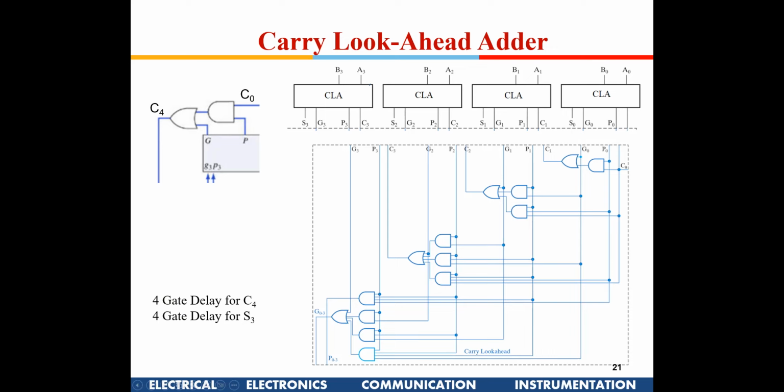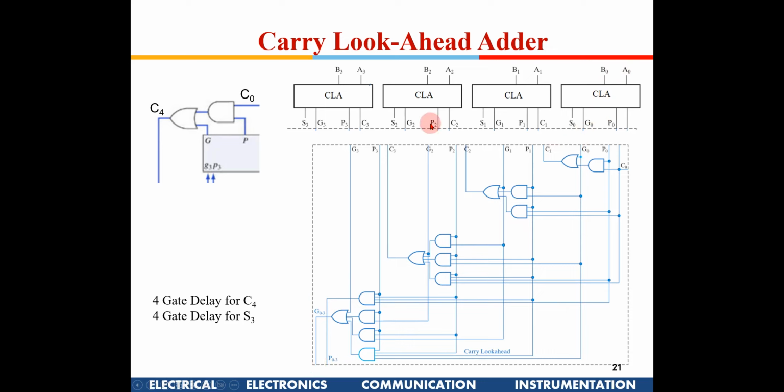Is it okay with all of you? See, a few points which we have to remember here: from this block one gate delay is there to generate the generate and propagate. In this block, to generate this carry and propagation, another 2 gate delays are there. So 1 gate delay plus 2 gate delays, total 3 gate delays, it will take for this output to come here, right?